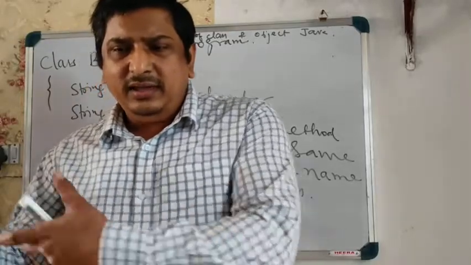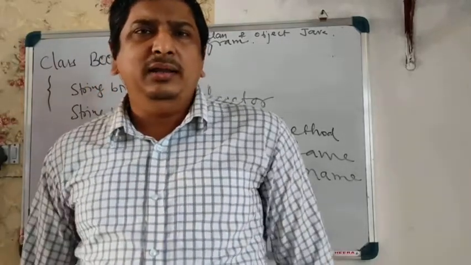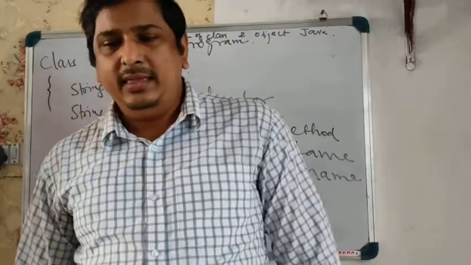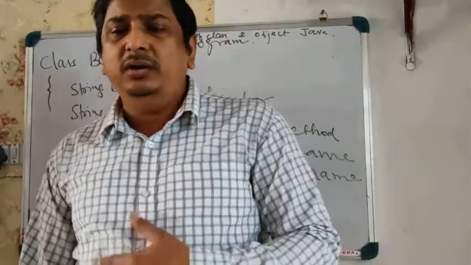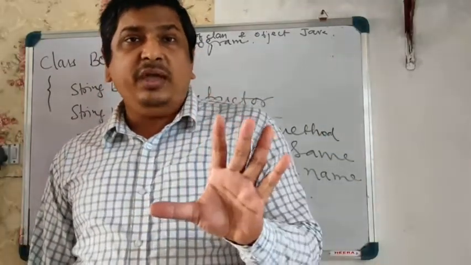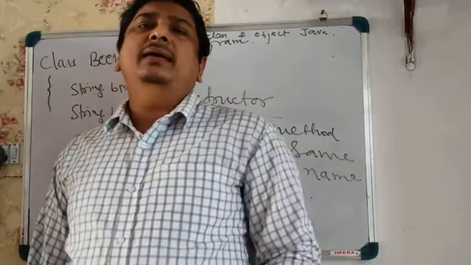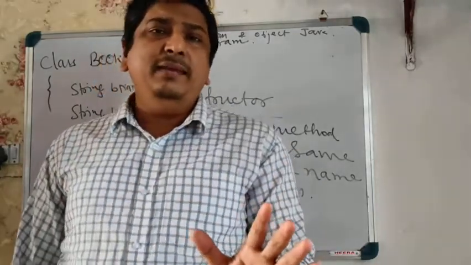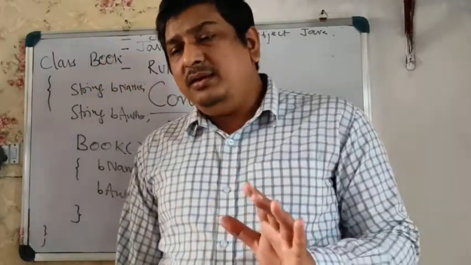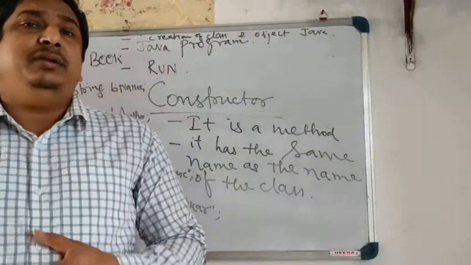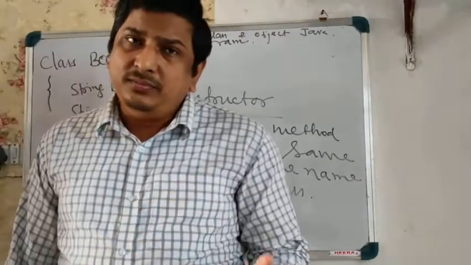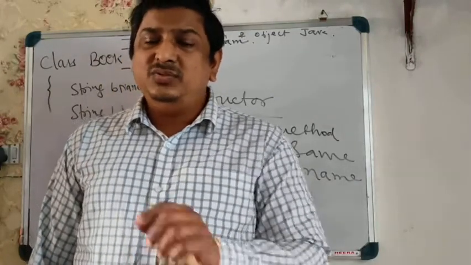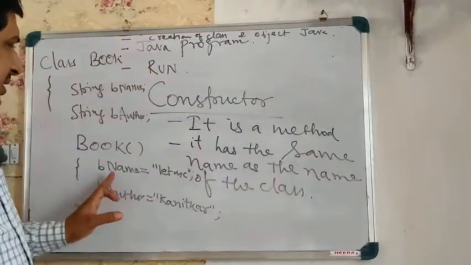But whenever it enters into our real world, they cry. Nobody teaches them how to cry. So this is a default feature. In the same way, when we define a class, we should define some default characteristics of that particular object. That's why we define constructors.